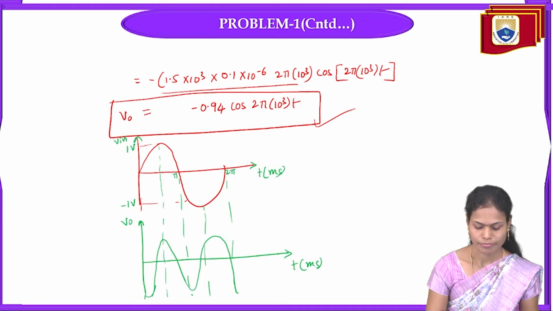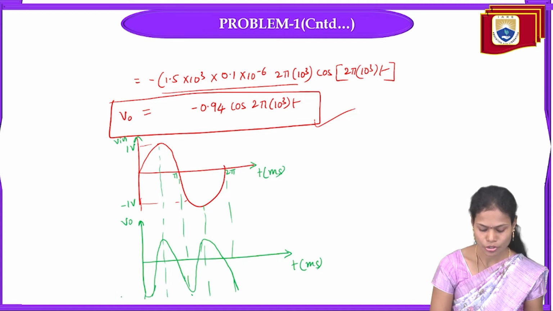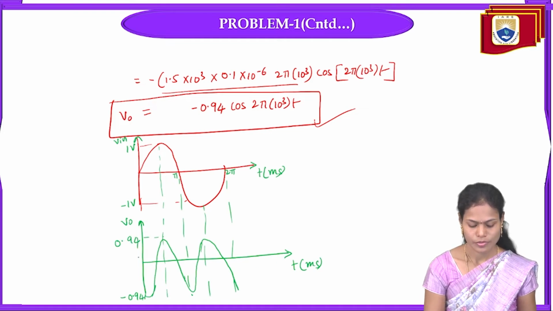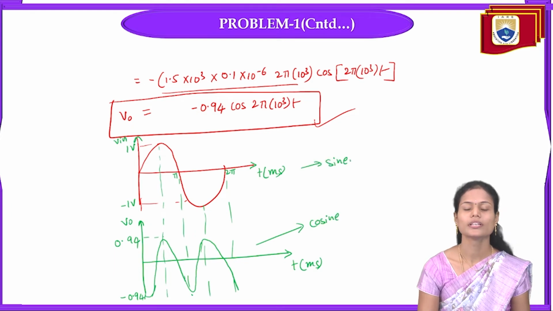So in this way, we will get the cosinusoidal signal with the amplitude minus 0.94 here and plus 0.94 here. So this is the cosine signal and this is the sine signal we are applying to the differentiator.